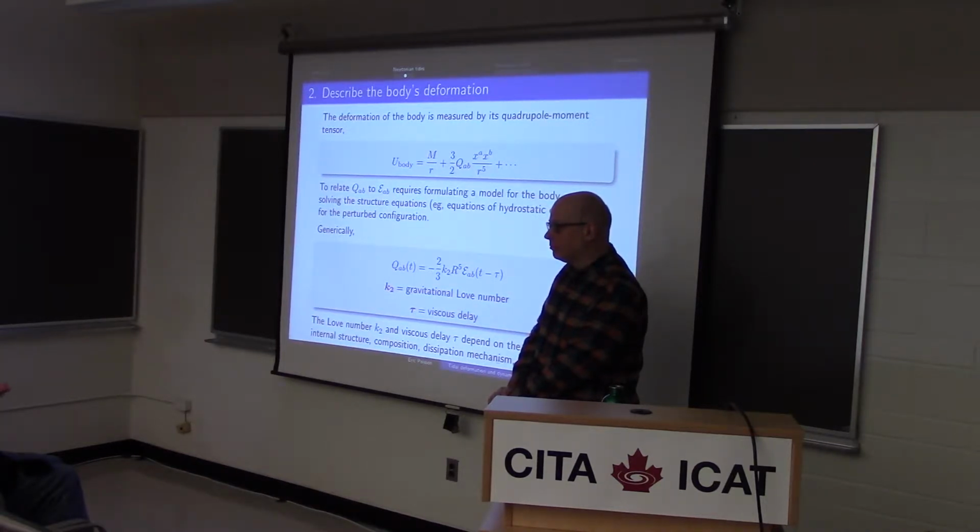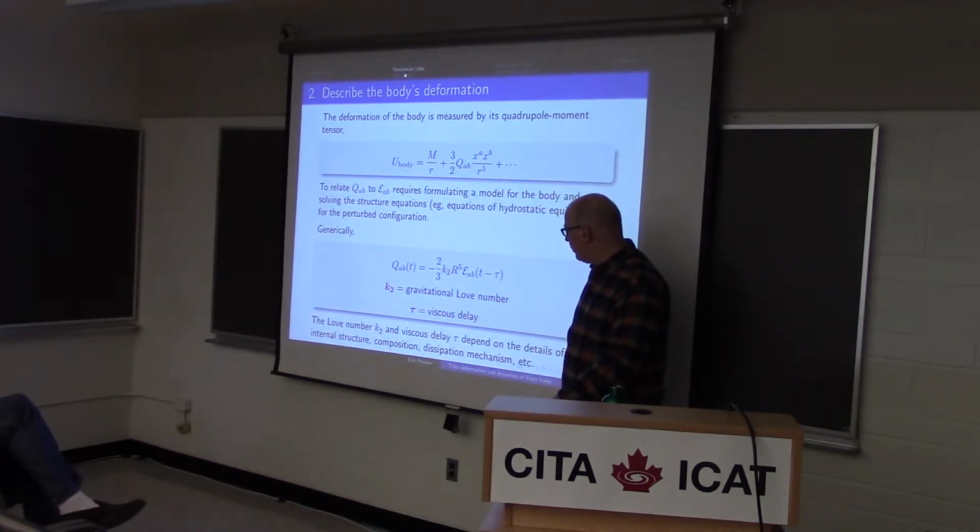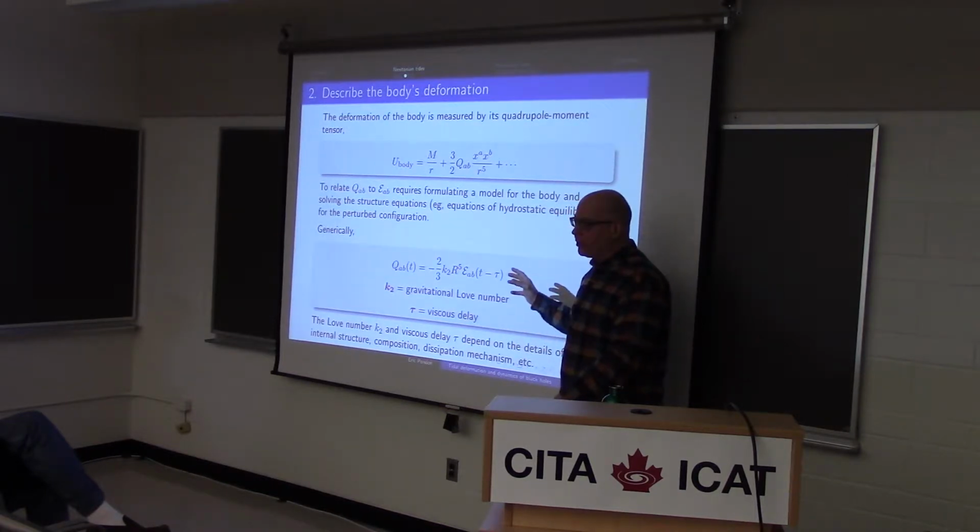And in the case of the Earth, you have timescales ranging from hours to decades, and the Qs that you get out or the K2s even vary. Right. So I wouldn't claim that this is necessarily a good approximation. I think the biggest uncertainty is the dissipation mechanism that you have to put in order to produce this delay. But it does capture something very essential.